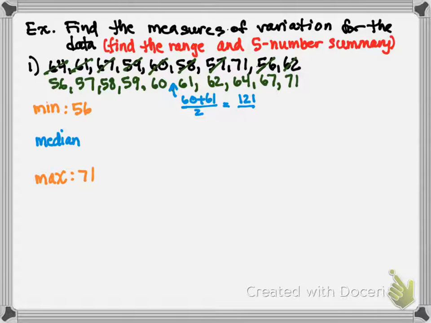But I think most of us could probably figure out that halfway between 60 and 61 would be 60 and a half. But here's your evidence. 2 goes into 12 6 times evenly. 2 can't go into 1. And that gives me a 1/2 left over. So I can say the median is 60.5.